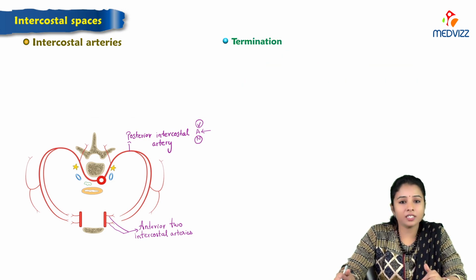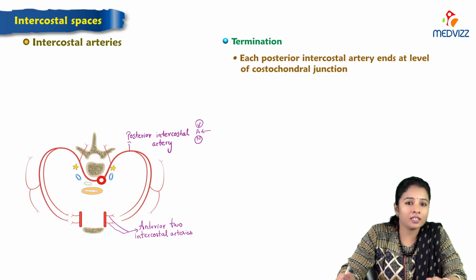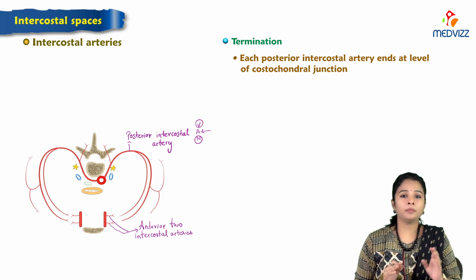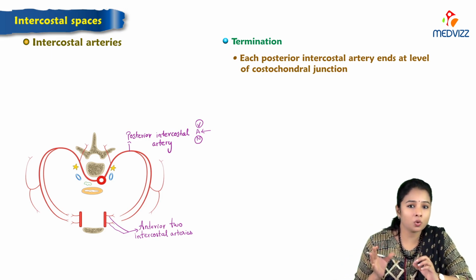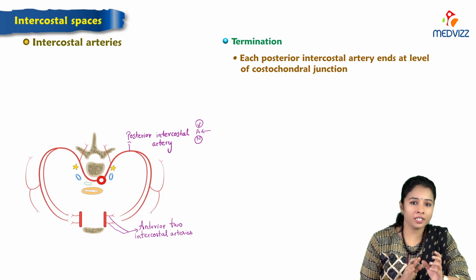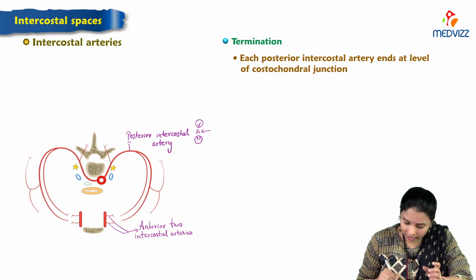So if we see the termination of the posterior intercostal artery, it ends at the level of costochondral junction, means anteriorly between the ribs, that is the costa, and their costal cartilages. So at that junction they get terminated.